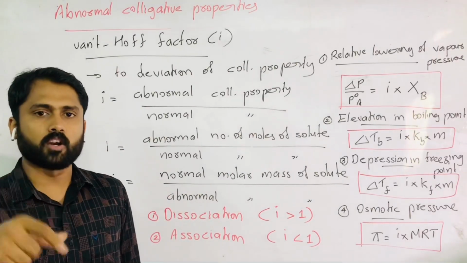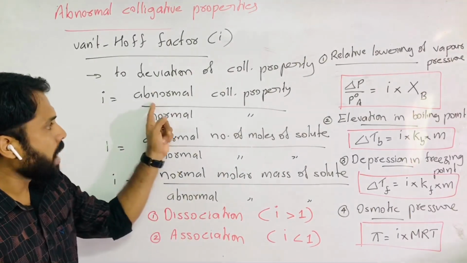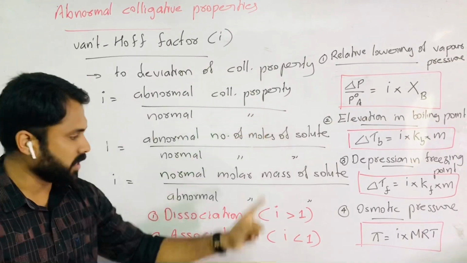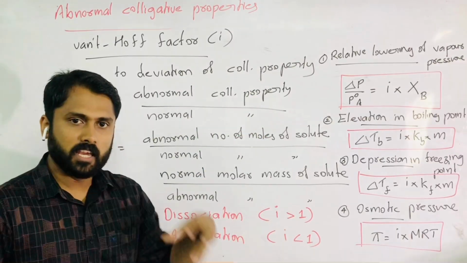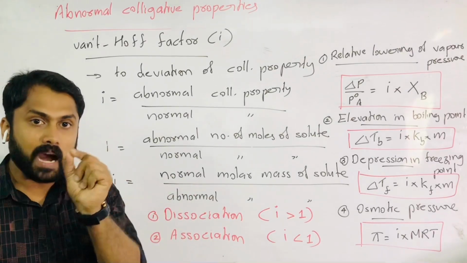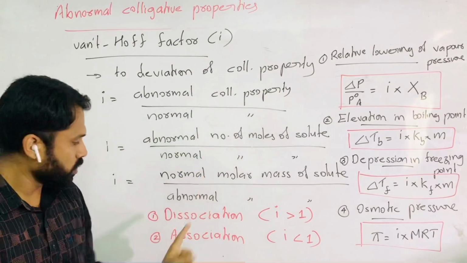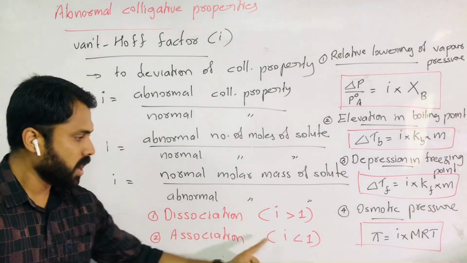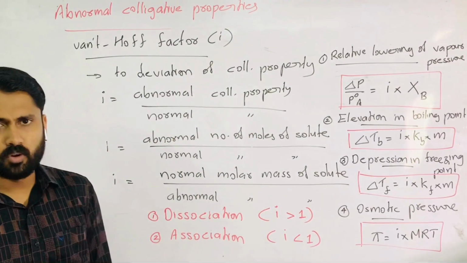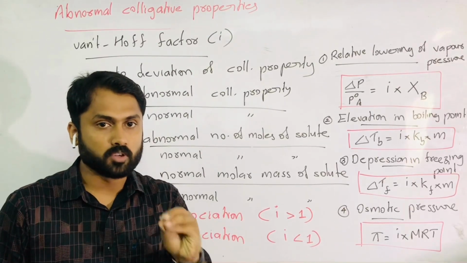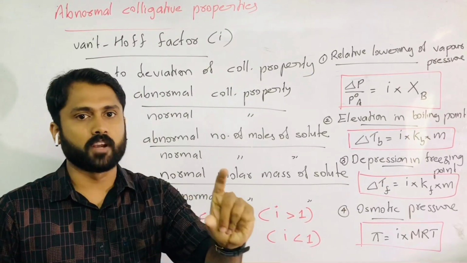If a solute undergoes dissociation, the abnormal colligative property will be higher, as I already said. Then i is greater than 1. If a solute undergoes association, the abnormal colligative property will be lower, so for association, i is less than 1. So this is the Van't Hoff factor, used to determine the deviation of colligative property.